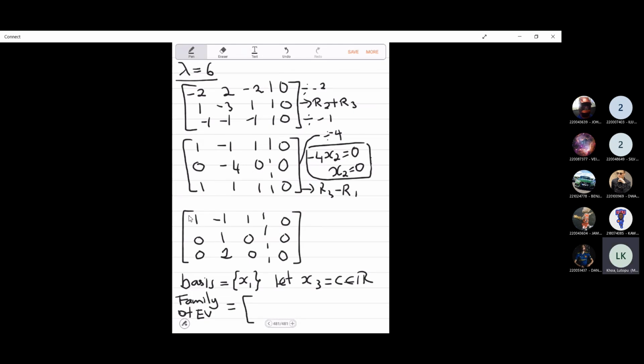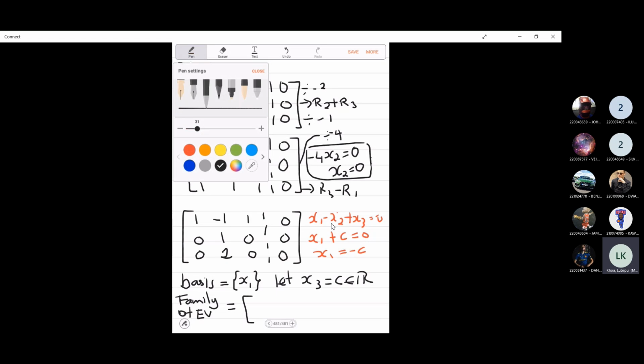We have x1 minus x2 plus x3. This is equal to 0. So we have x1, x2, remember, is 0. So it's x1 minus 0 plus x3, which is c. This is 0. And this means that x1 is equal to minus c.